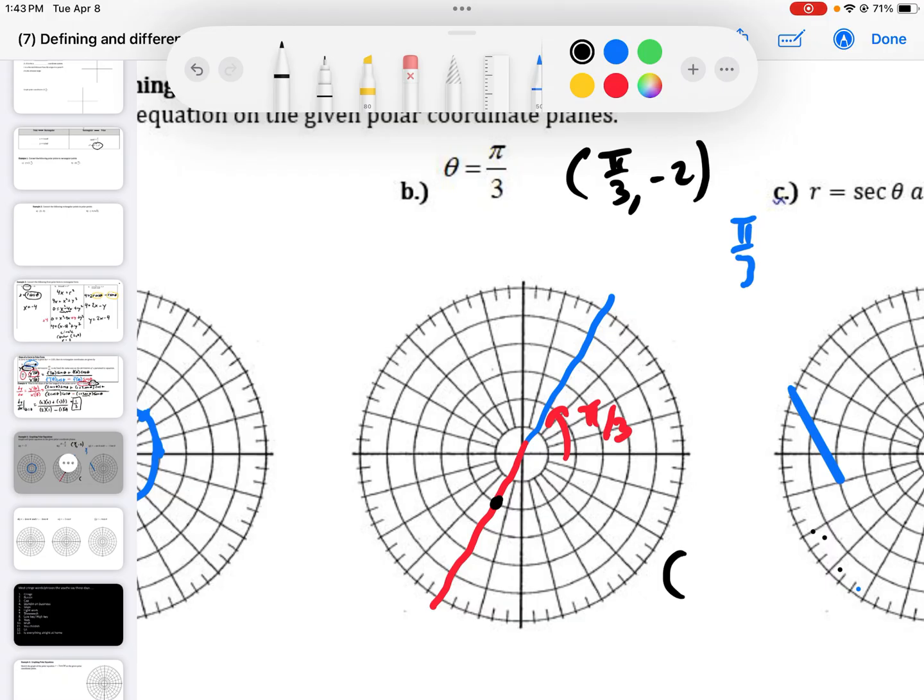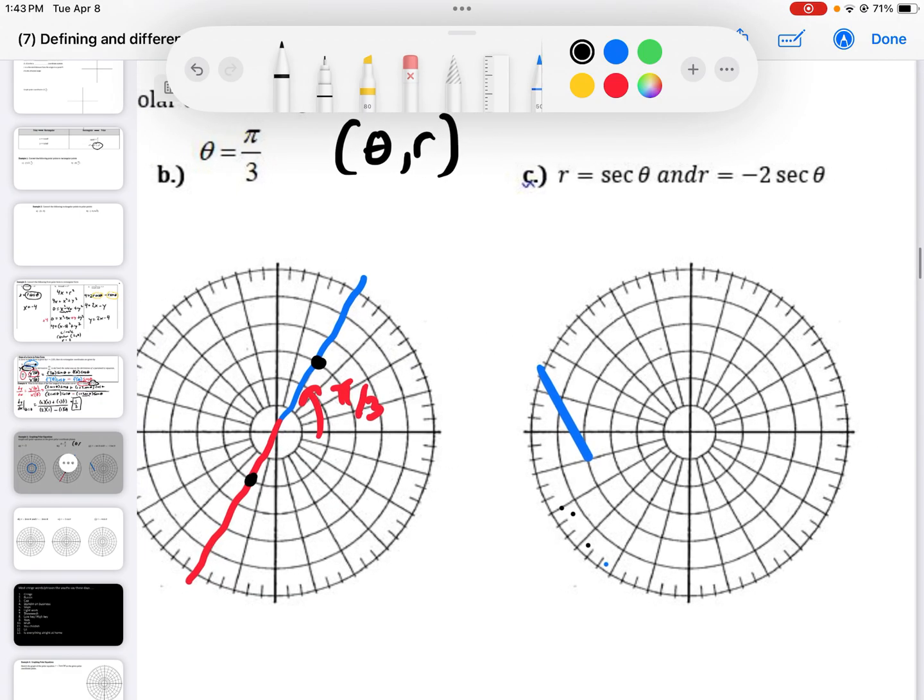So I might graph it as pi over 3, radius -2. This point right here is pi over 3 theta, and the radius is 3. So the graph is just all the points that compare theta and r.